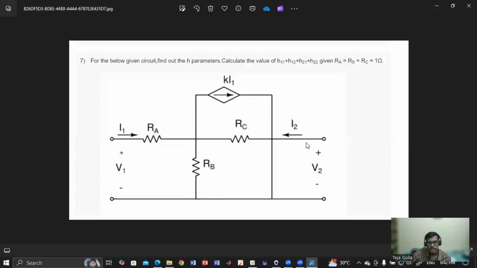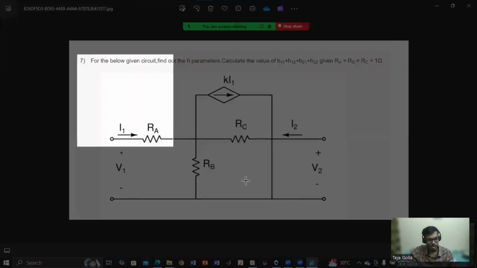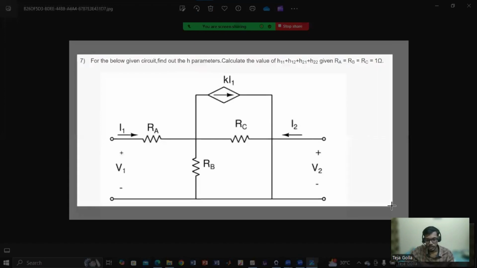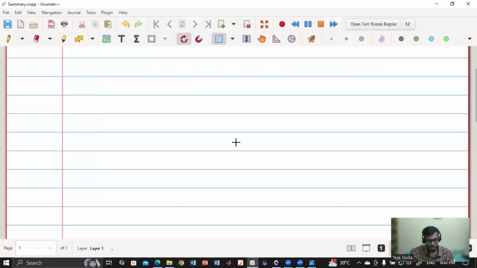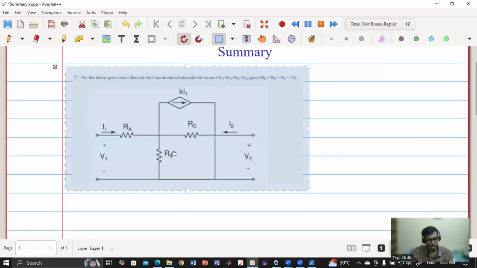Yeah, so you are saying this is H parameters, right? Yes. So what is your query in this? The two terminals are directly connected by a short circuit here. Okay, just a minute. Let me take it to my notepad. So you are asked H parameters. So now tell me what is your query?